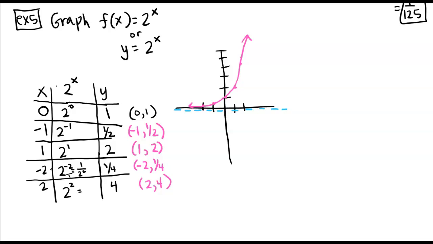What do you guys think? Somebody just unmute yourself and tell me what you're thinking. Would you ever get to that wall if you're going half the distance each time?